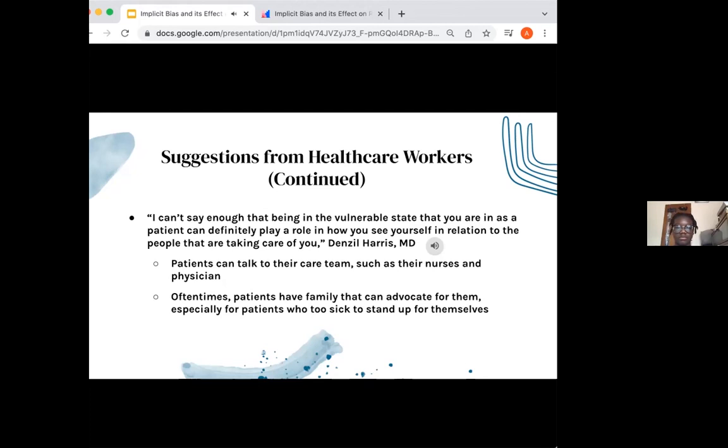Of course, patients oftentimes come into the hospitals and they have family that can advocate for them. This is especially true for patients who may not be in the right state of mind or maybe too sick to advocate for themselves. So that's another major way that we can have people advocate for themselves or on their behalf. So I'd say that those are some of the few ways, in the midst of a lot of other things that can be done to help protect people.